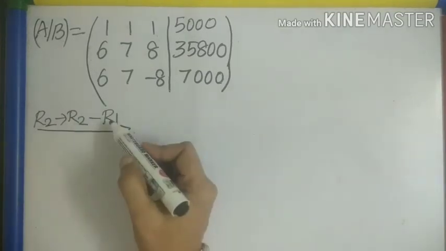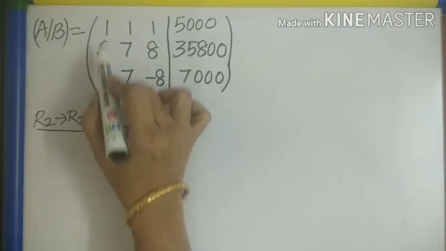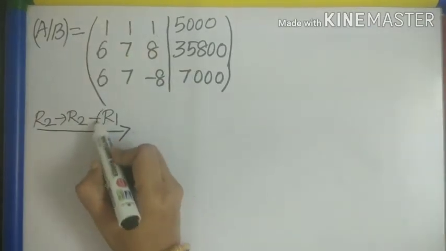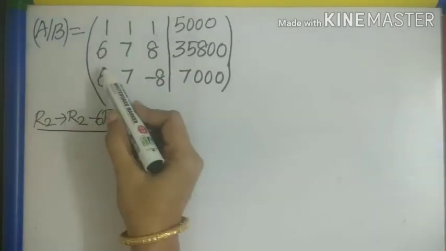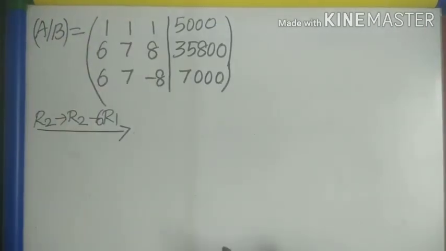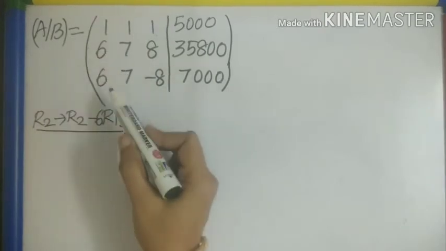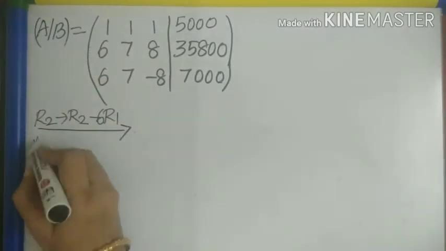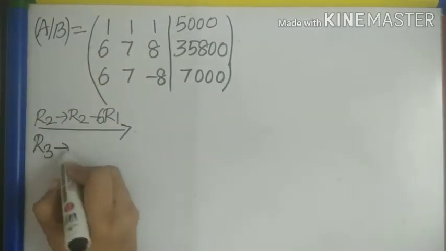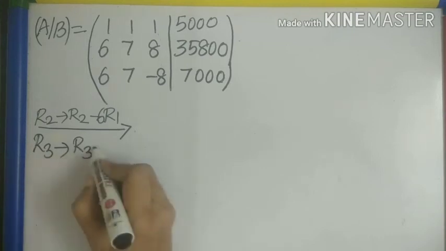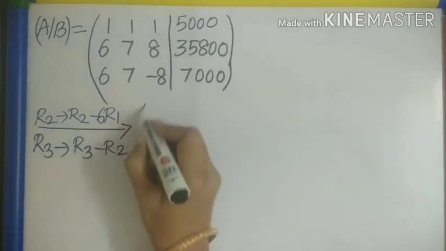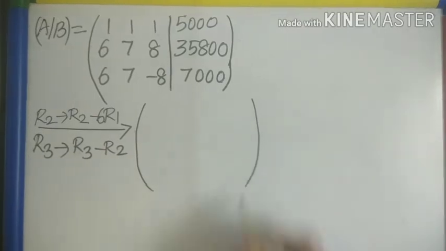But how many R1? Here the number 6 means multiply by 6 and then subtract. So R2 minus 6R1. We can also use these two, which is easy for us. R2 minus R3 is simple for us. R3 becomes R3 minus R2. See what answer we get.